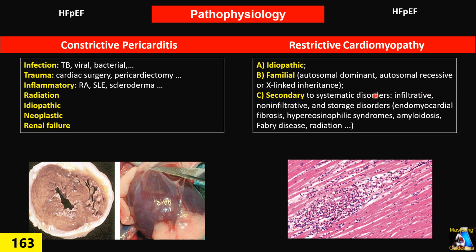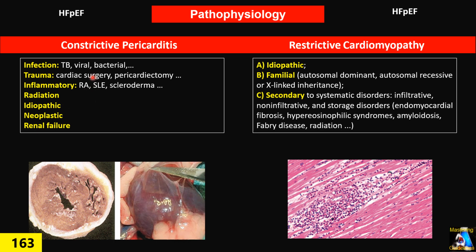We have to remember that infiltrative and storage disorders of the myocardium can present in different ways. For example, sarcoidosis and hemochromatosis usually present as dilated cardiomyopathy, and so on. So remember, depending on the situation, mechanism, and process of the disease, those secondary causes can present in different ways: restrictive, dilated, or hypertrophic cardiomyopathy.